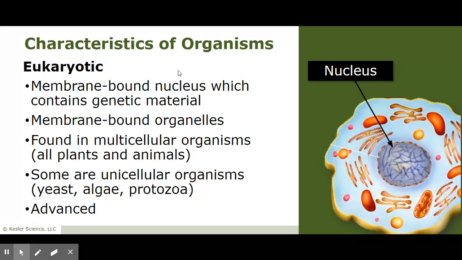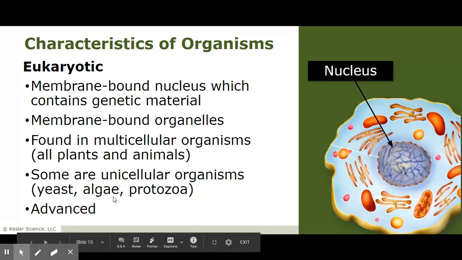Then we have our eukaryotic organisms. These have a membrane-bound nucleus which contains genetic material. Membrane-bound organelles are found in multicellular organisms such as all plants and animals. Some are unicellular organisms such as yeast, algae, and protozoa, and they are all advanced organisms.